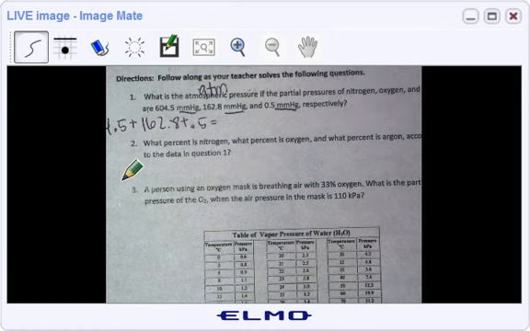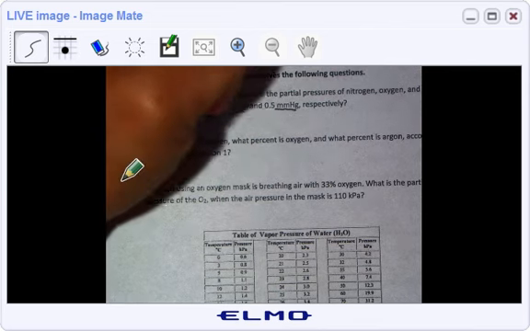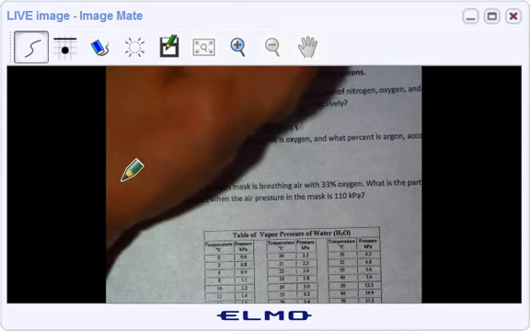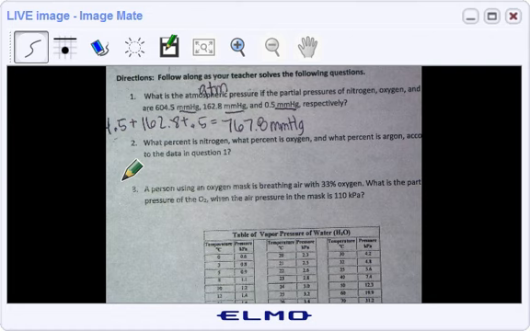Add them all up. This gives me 767.8 mmHg. Okay, but it doesn't want it in mmHg.